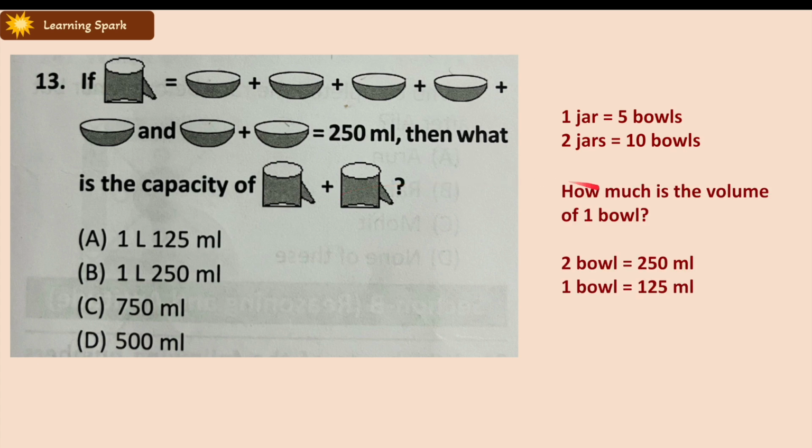Now, how much is the volume of one bowl? We can get it from here. 2 bowls is equal to 250 ml, so 1 bowl is equal to 250 divided by 2, which is 125 ml, right?